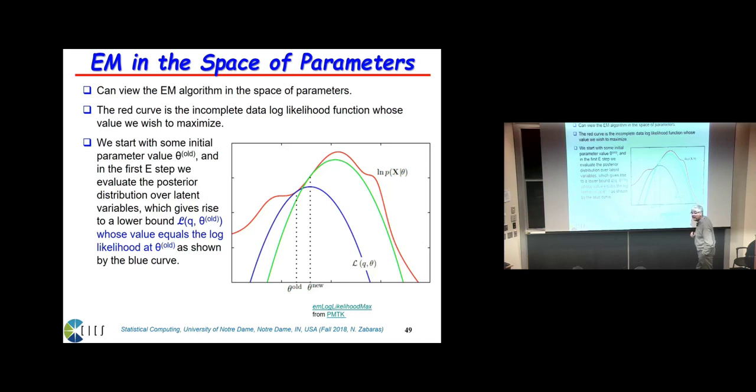Can you remind me again on this graph why the new parameters are always heading towards the optimum? Because we're trying to maximize the likelihood. And the process is monotonic. At each step, the lower bound has to increase, okay?